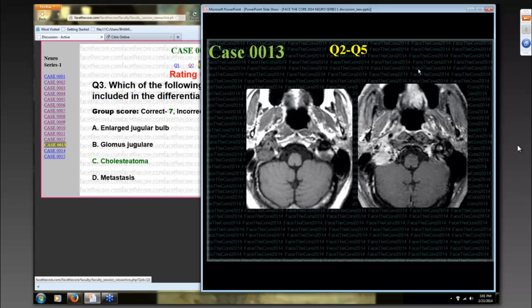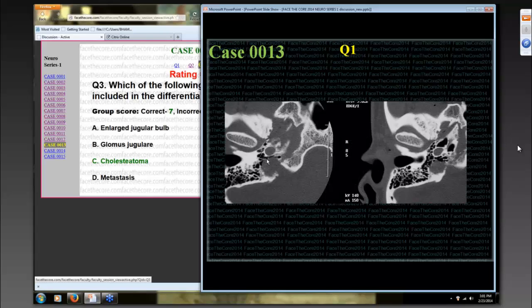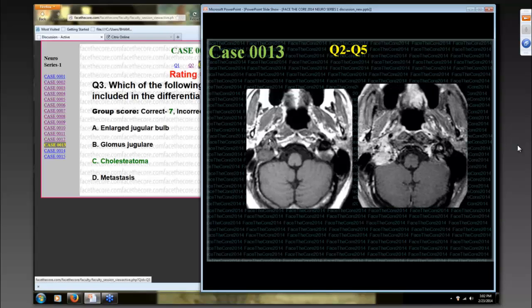Of course, anatomical variants within the jugular bulb, like a dehiscence or a high-riding jugular bulb, can also show a bigger jugular fossa or jugular foramen itself, but will not cause any mass-like morphology or enhancement on the MR or the post-contrast images.